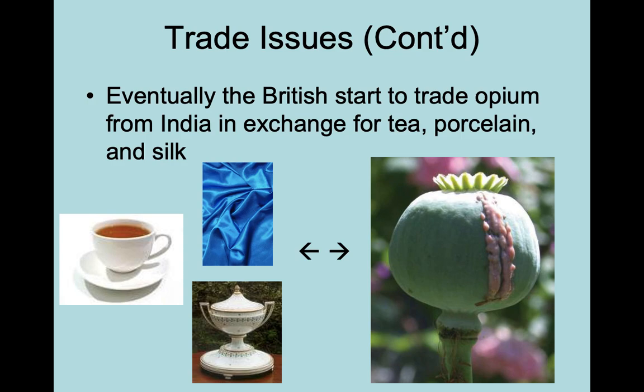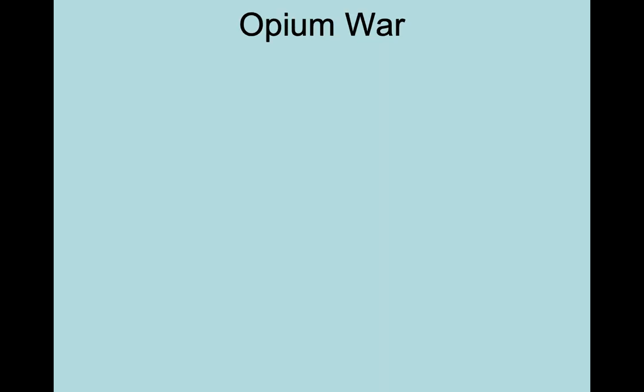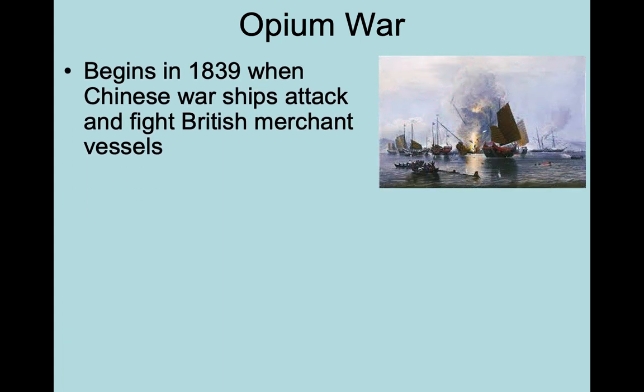As more and more opium was traded, the Chinese became addicted to it, and this ultimately caused a problem between the British traders and the Chinese. This conflict between European traders and the Chinese is what ultimately sparked the Opium War in 1839.